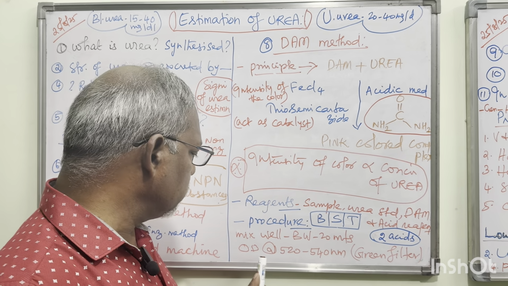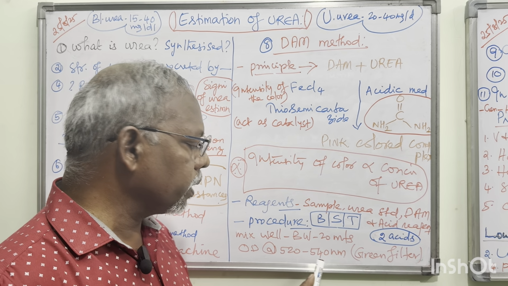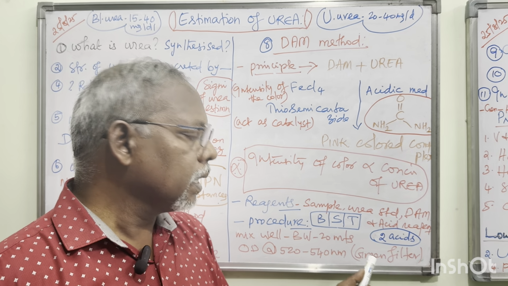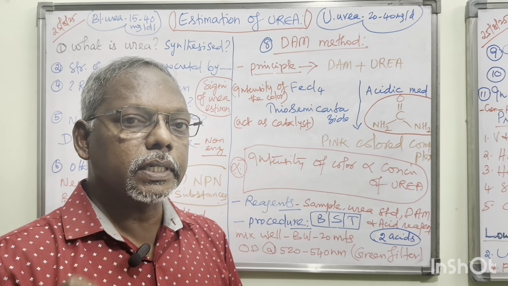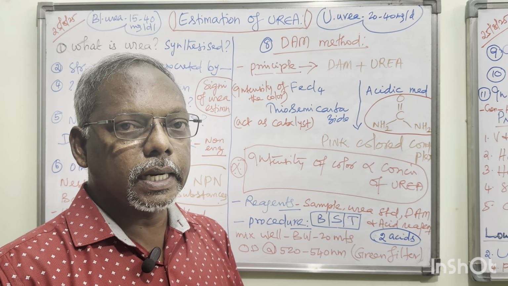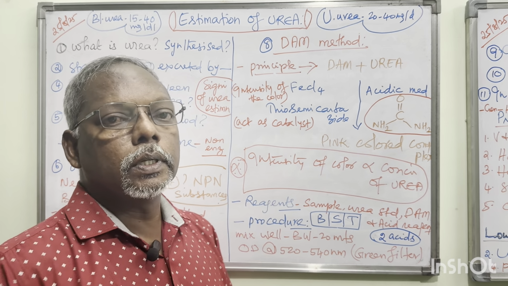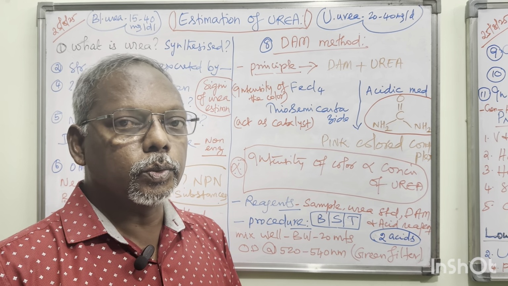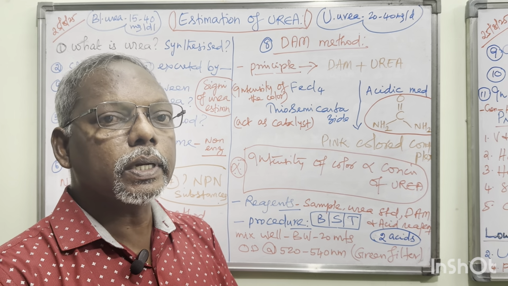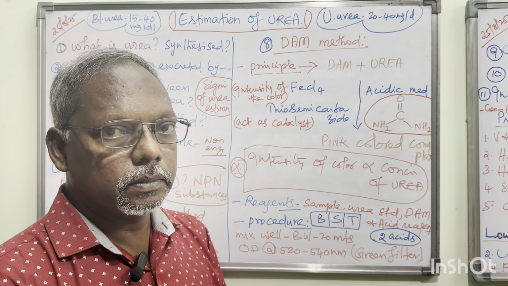After cooling, you have to take the OD at 520 to 540 nanometer, mostly 540 nanometer with the green filter. You have to measure the 3 test tubes, blank, test, standard, and get the values 1, 2, 3, that is blank, test, standard, in your answer sheet, right?